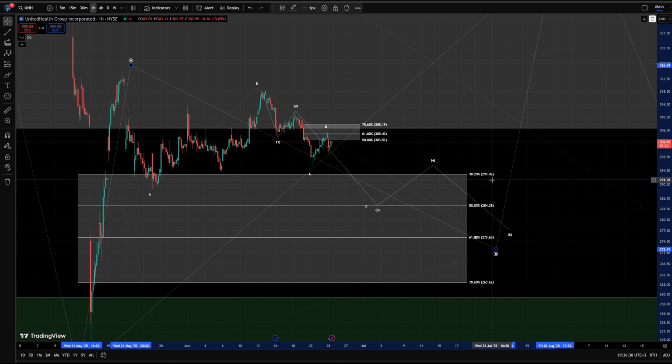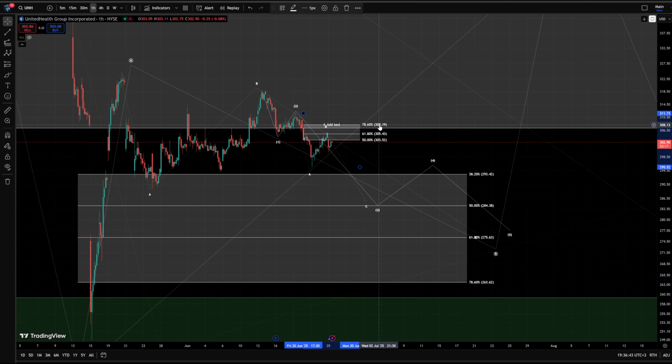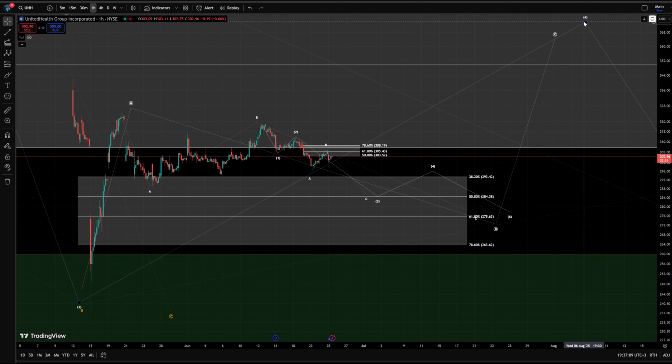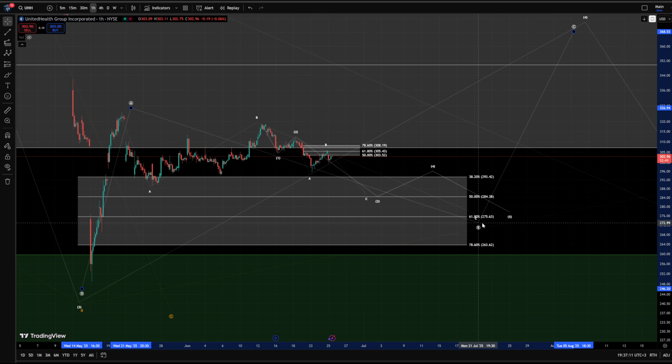So you have this support zone, you have in white the resistance zone, and as long as we don't break above the $308, we can expect this to take us to lower prices more directly, and within $293 and $263 down here, we are in the support zone, and it is a decent time to enter a trade setup for this ABC move to the upside.